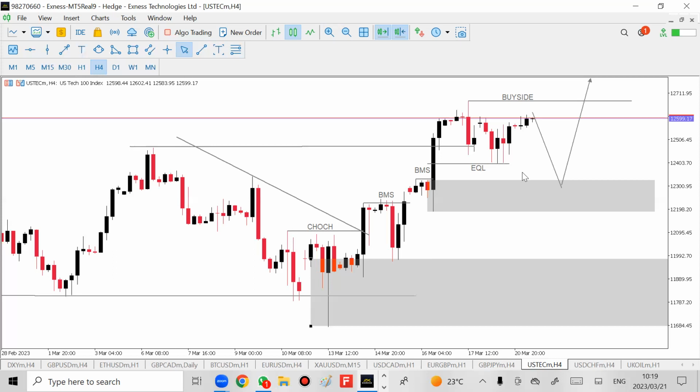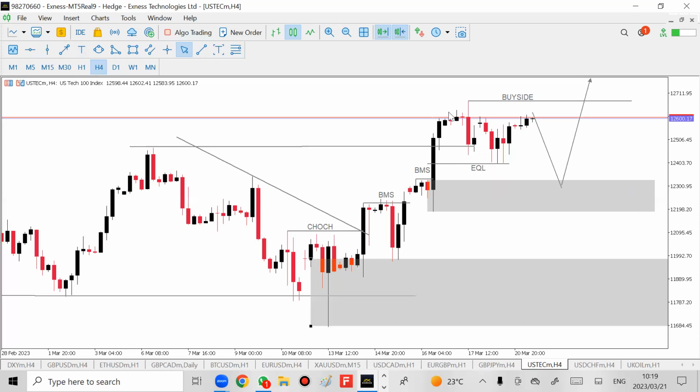And the setups are so easy because now you know what to do. The only thing you have to practice is spotting the liquidity pools. Because you see the last break of structure, you saw it here. You never saw price coming back to make an RTO in order to continue buying.